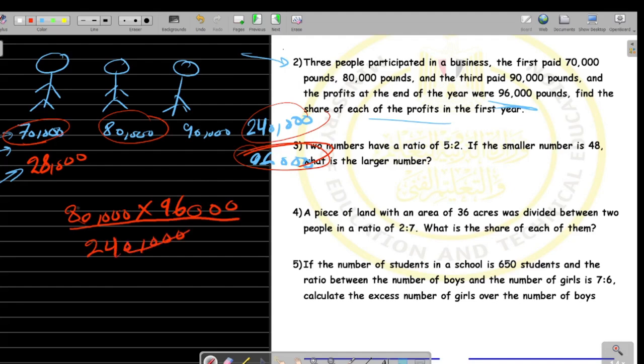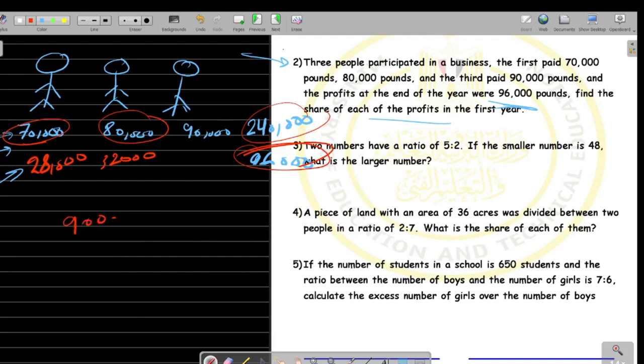These 4 zeros with these 4 zeros, and 24 divided by 24 is 1. Here it will be 4,000, and if you multiply them together you will get 32,000. Okay, so the second share is 32,000.